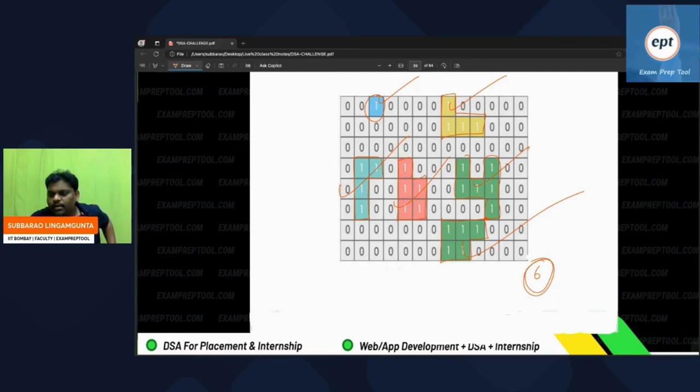But here, the surrounding ones you will take. That is the only difference. Simply, the answer for this problem is to apply BFS or DFS. So I'm writing here: this problem is similar to.